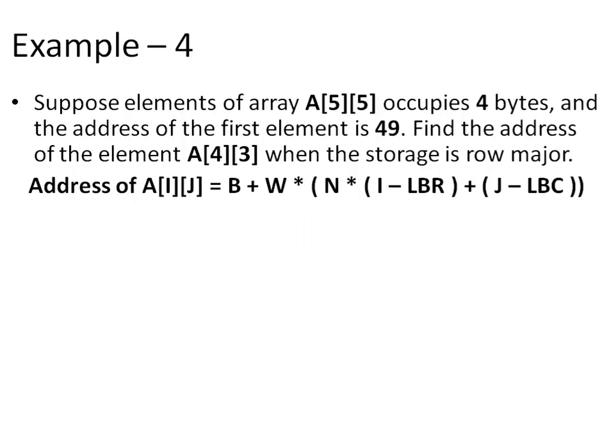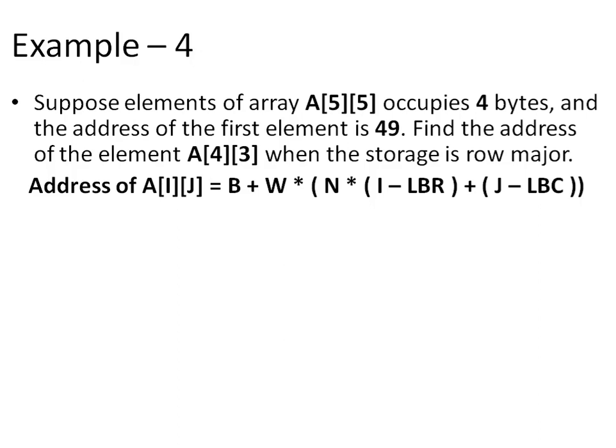An array of size 5 cross 5 is given. Each element needs 4 bytes of storage. Base address is given as 49 and we have to find the address of A4, 3 using row major order.